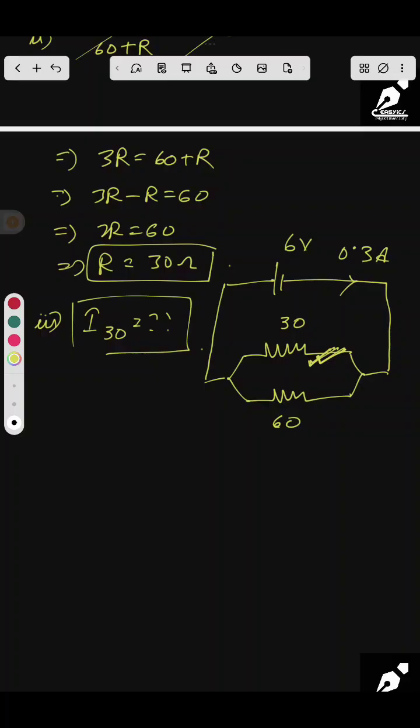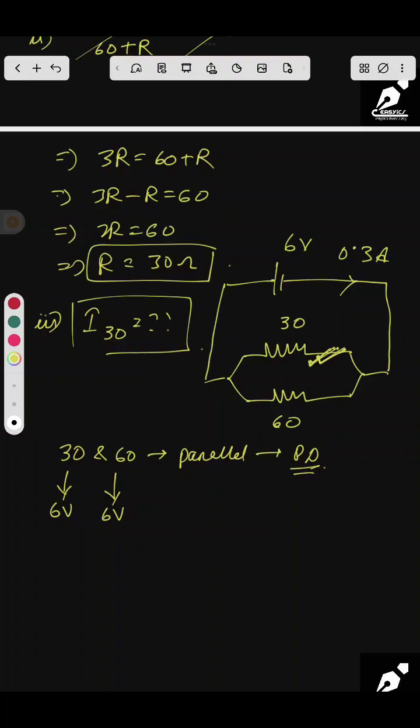Now tell me one thing, as 30 and 60 are in parallel, they will have the same potential difference, right? So the potential difference of both 30 and 60 will be 6 volt. 6 volt is the battery potential.